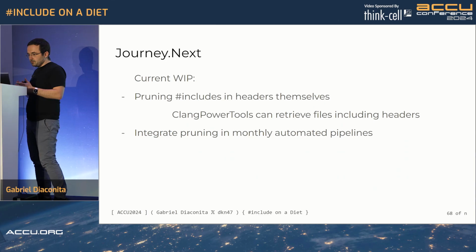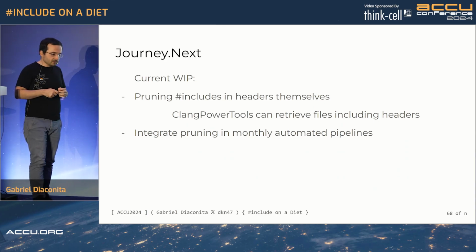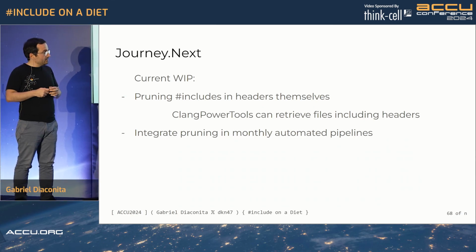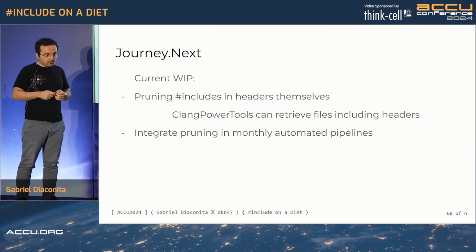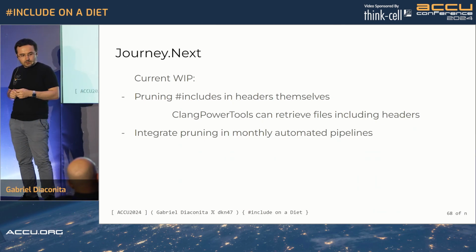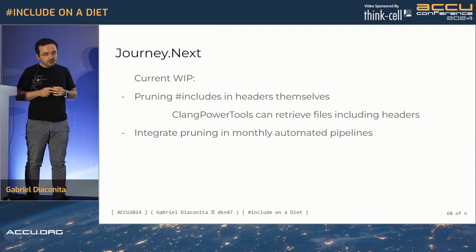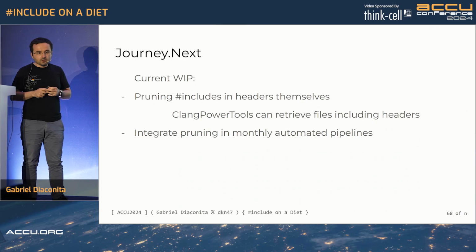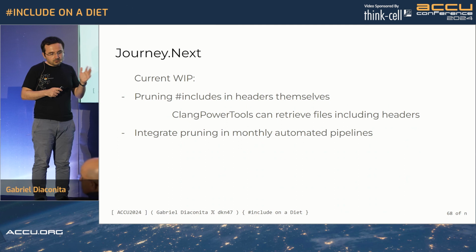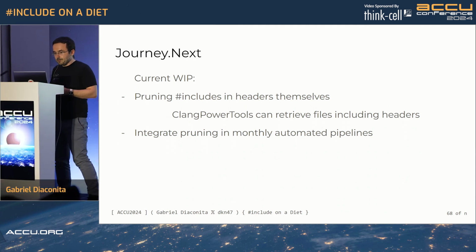We still have to balance the compilation workflows so that we can, like I said, get some results in a meaningful time span. And we are also working towards integrating this whole process in an automated pipeline that will run once a month. So not a nightly CI pipeline, but once a month. It looks to be good enough for us.